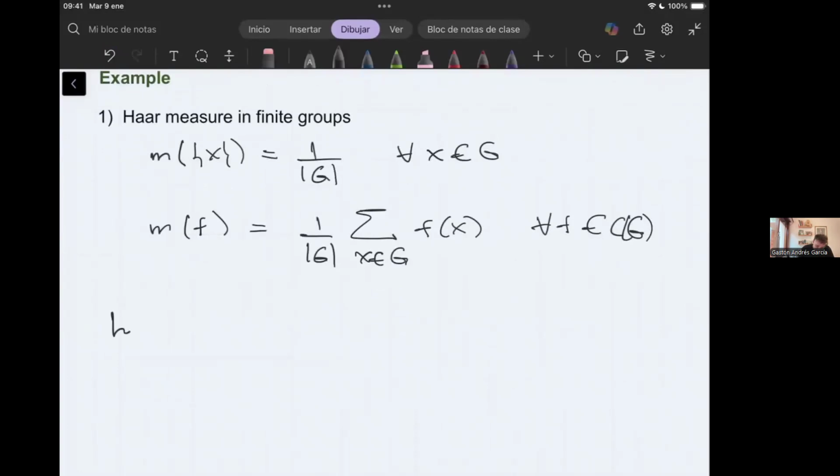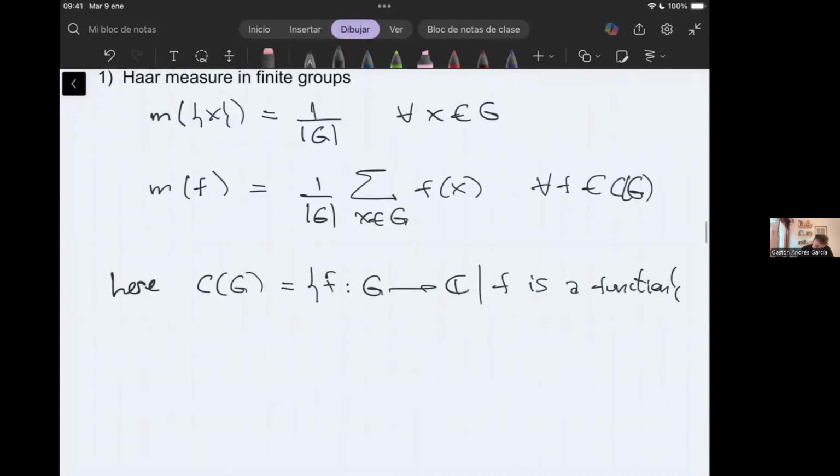So here, the continuous functions on G, since we have the discrete topology, are the functions from G to C, because f is just a function when we have the discrete topology. The algebraic notation for that is C to the G. If you find a book on representations of finite groups, you will find this notation.